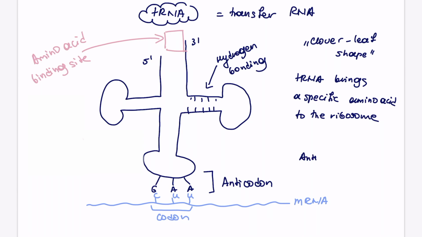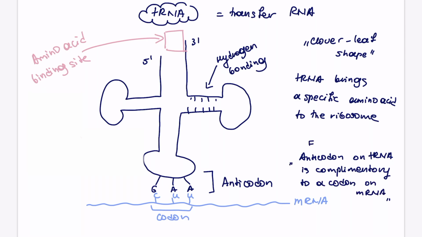You need to say that the anticodon on tRNA is complementary to the codon on mRNA. I've seen that if you just say codon, anticodon, they sometimes don't count it for marks. So just keep that in mind as an exam hint. The only 3 structures that you need to know are hydrogen bonding, anticodon, and amino acid binding site. And this is the overall structure of tRNA.